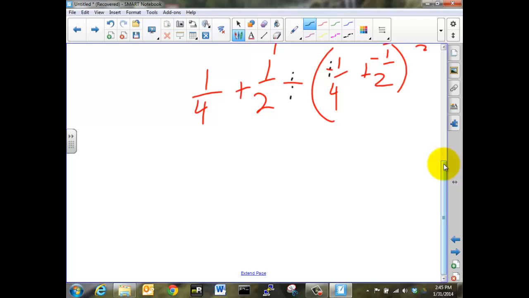And if you'll look at it, I've got a 1/4 plus a 1/4, which gives me a 1/2. And I've got a 1/2 plus a 1/2, which gives me a 1. And I should wind up with 3/2 for a final answer there. You should be able to do that without a calculator on an AP test. That's right.